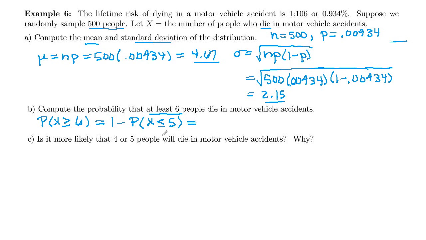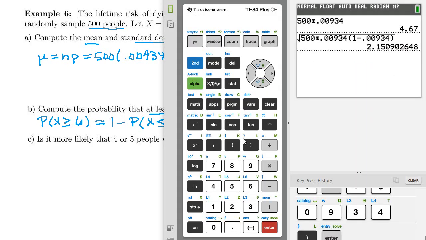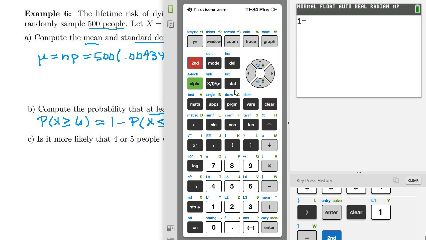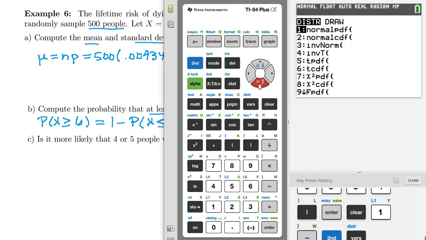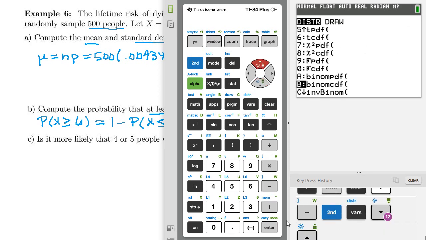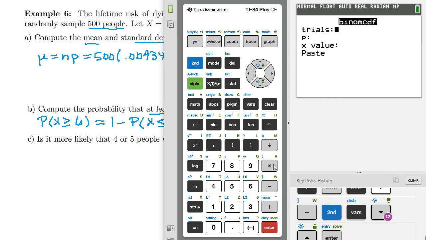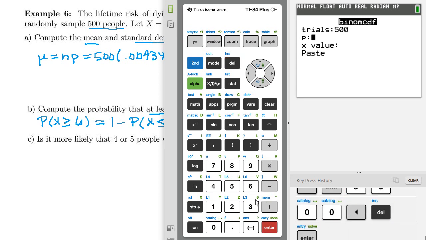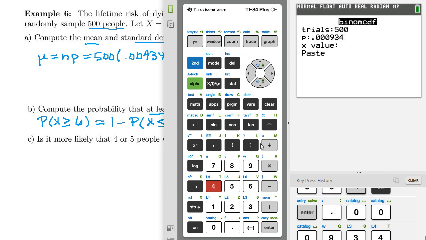So now we can use the distribution calculator. So we're going to do 1 minus second variables. Scroll down to binomial CDF, which is option B. Our trials are 500. And our P, 0.00934. And then X is equal to 5.